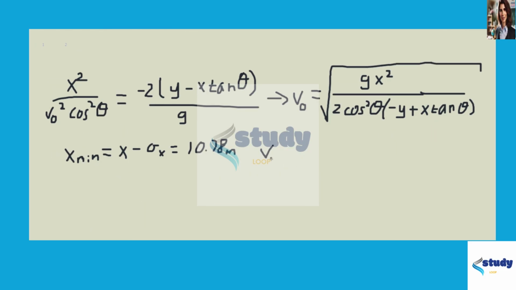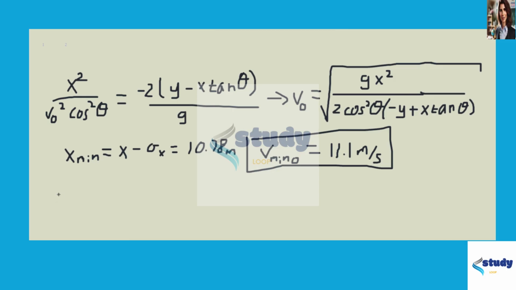So plug in all those values and we find a minimum, we'll call this V min initial 0, is equal to, and this comes out to be 11.1 meters per second. Okay, so that's the minimum initial velocity value.